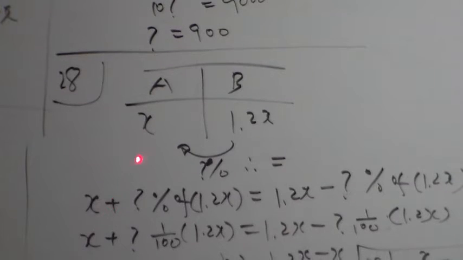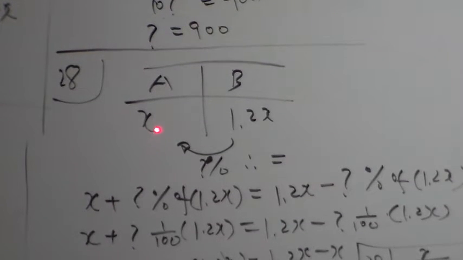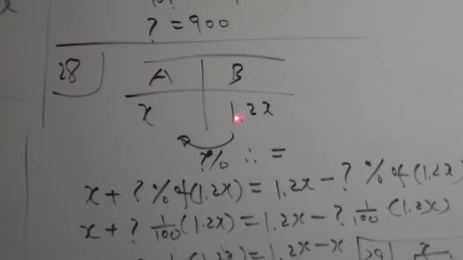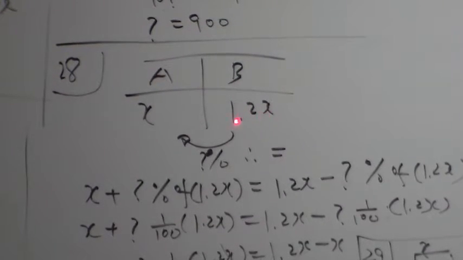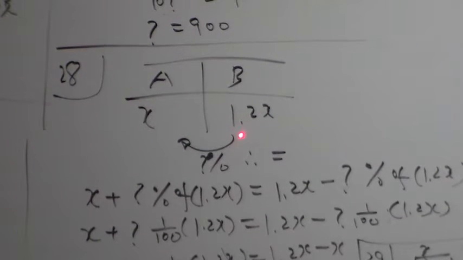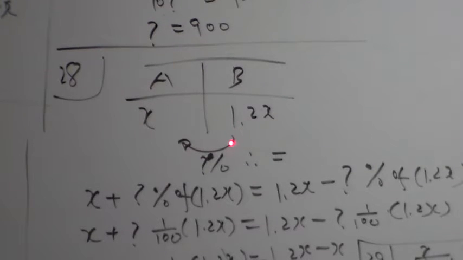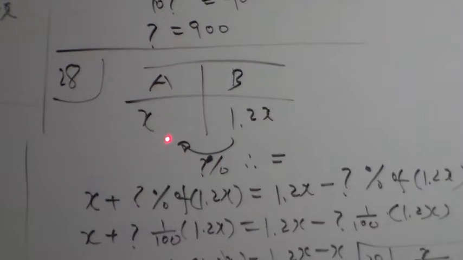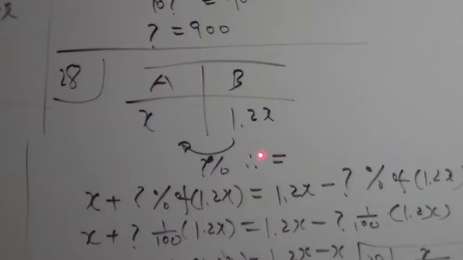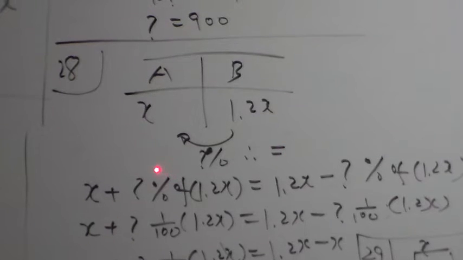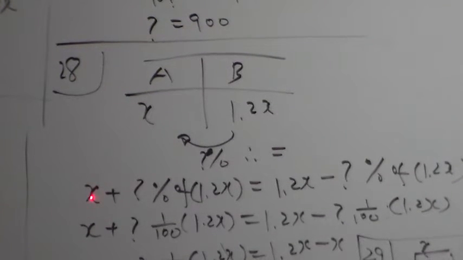Jar A and B have marbles. A has X, but B has 20% more. So jar B has 1.2x. Then what percent of the marbles from B was moved to A, so that they become equal?